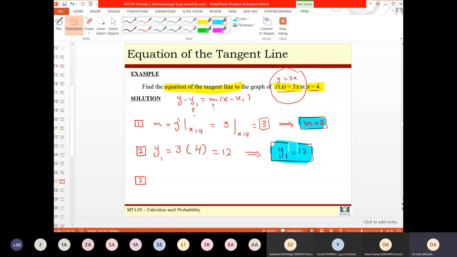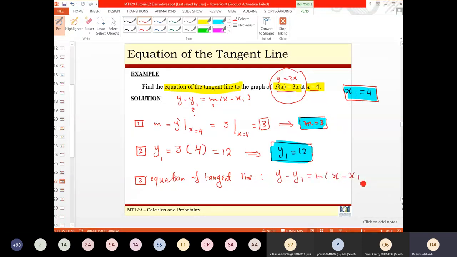I have the m, the slope, and I have the x1. It's given here. It's equal to 4. And I have the y1 now. So the equation of the tangent line is y minus y1 equal to m times (x minus x1).